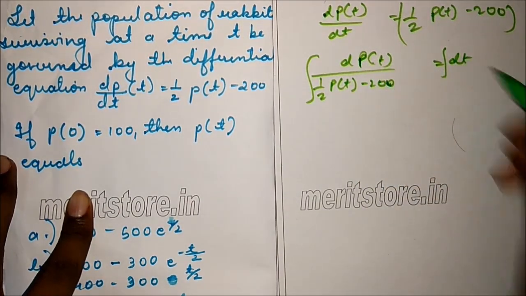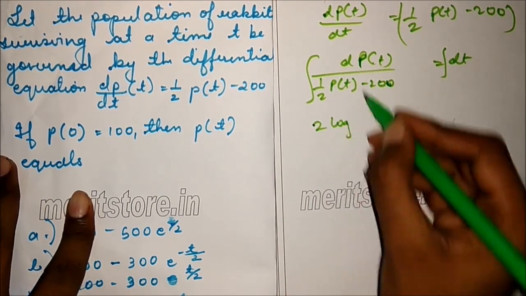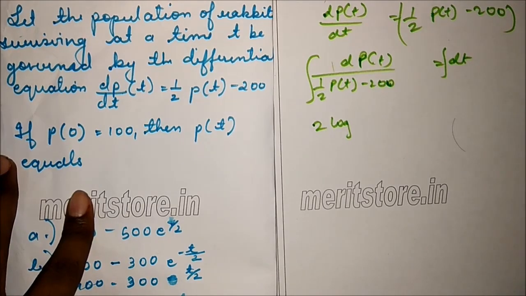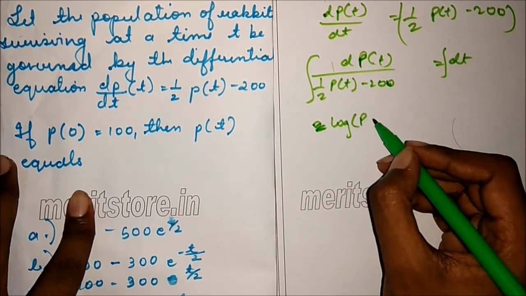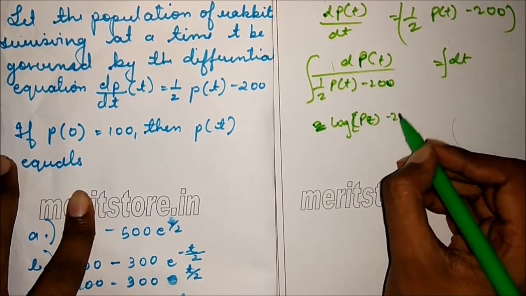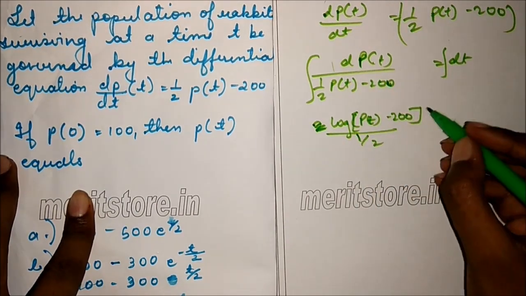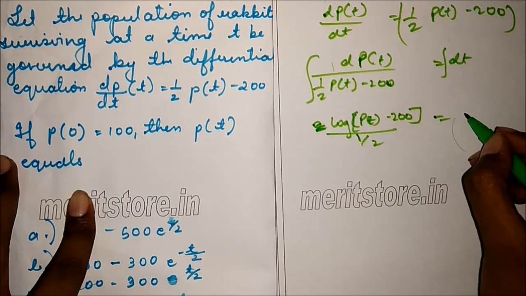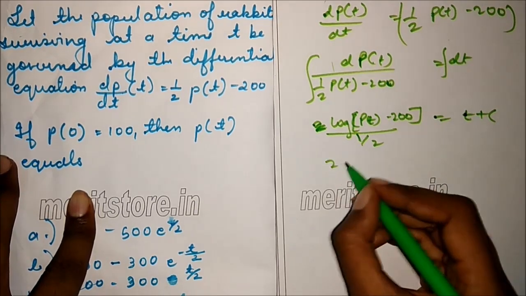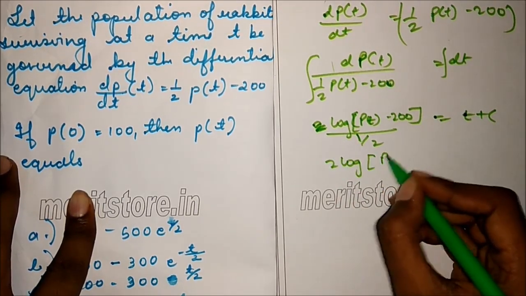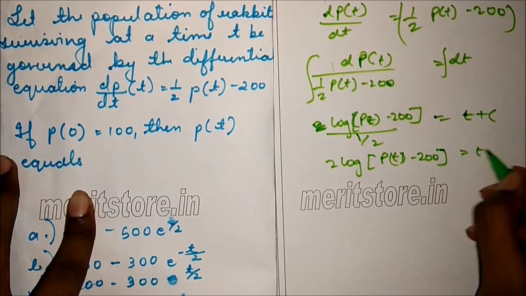This is in the form of 1 by x minus a, so this will be 1 log of p(t) minus 200 divided by half, that is the coefficient of p(t), equal to t plus c, that is 2 log of p(t) minus 200 is equal to t plus c.